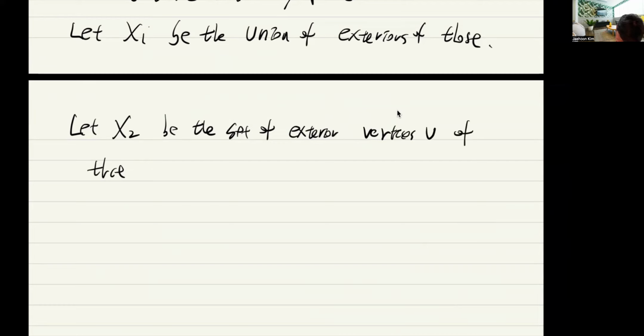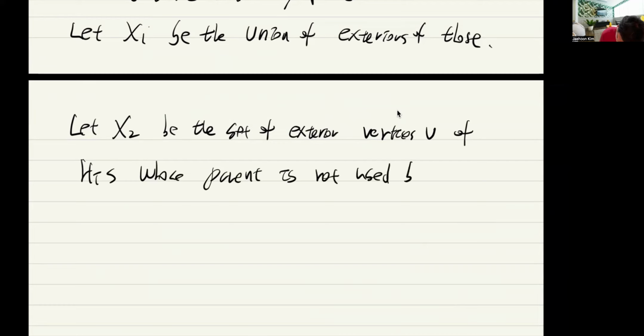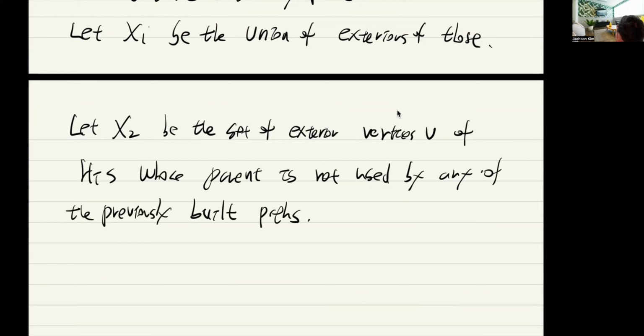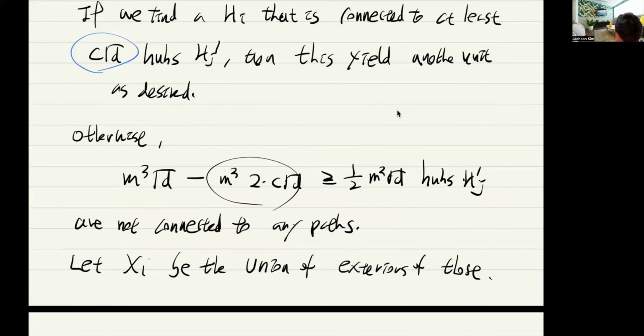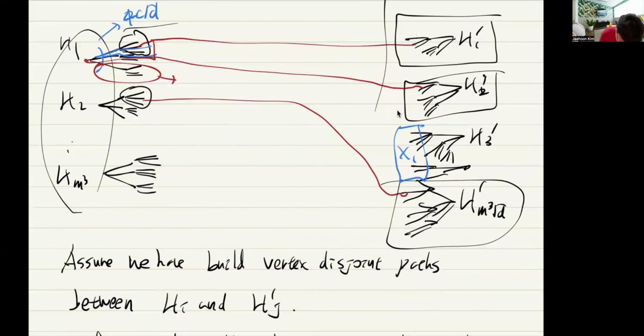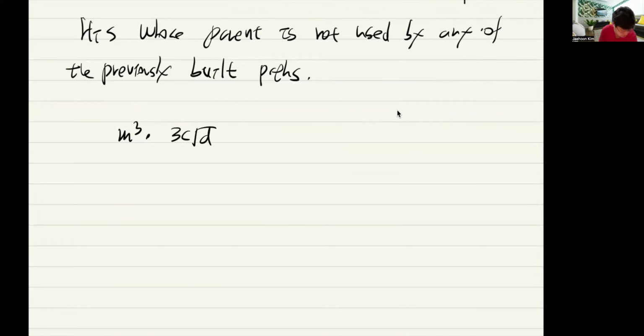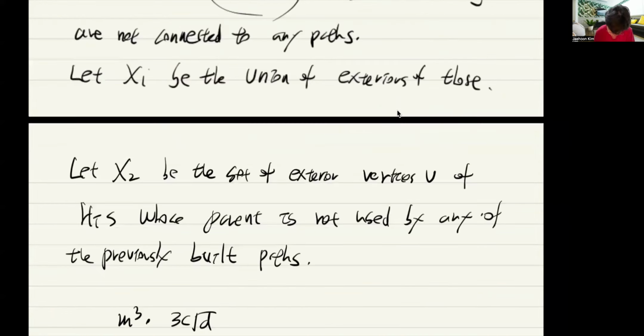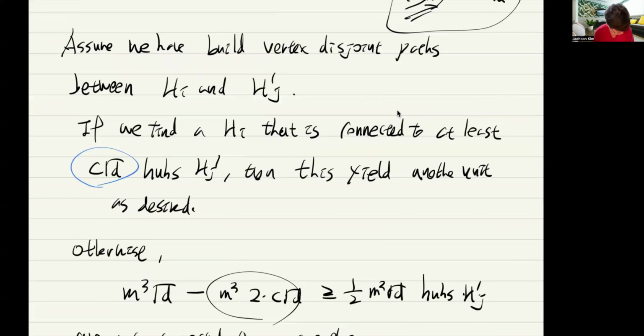E of HI, whose parent is not used by any of the previously built paths. So there are m cube of them, and each of them, out of 4c square root of d, 3c square root of d are still there. Sorry, this is 2.